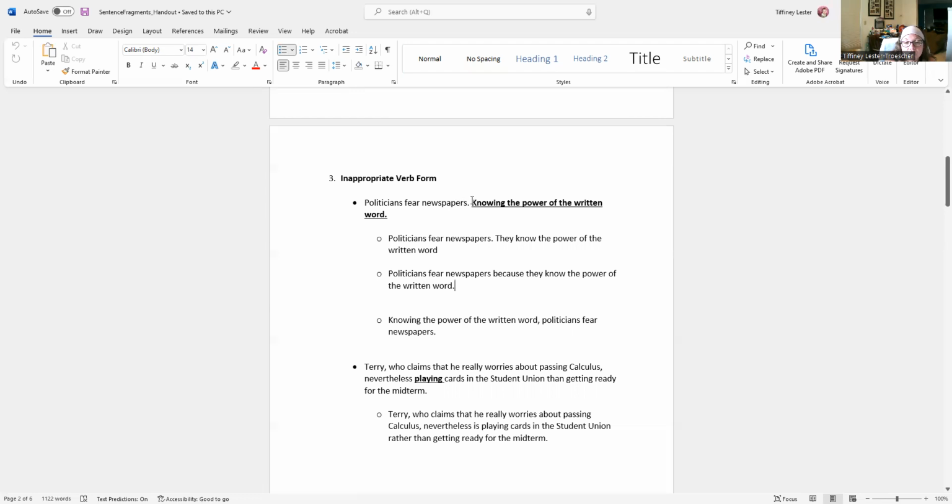Or we could use this as an introductory phrase, a modifier, and put it at the beginning of the sentence. Knowing the power of the written word, politicians fear newspapers. Any of those corrections is acceptable.